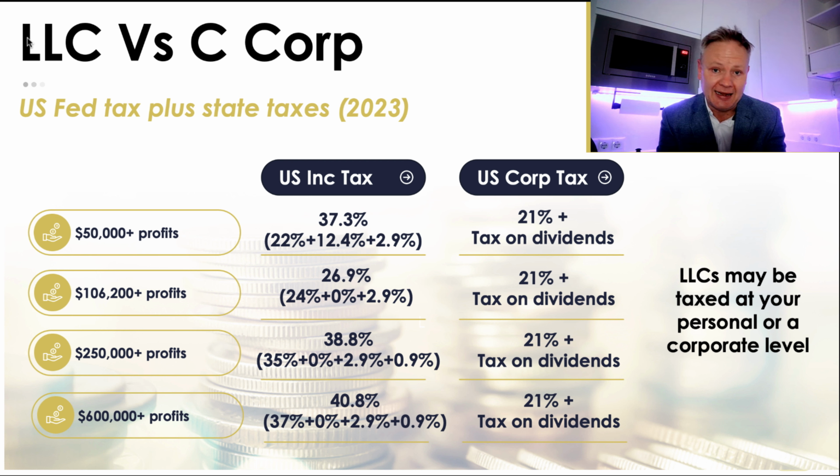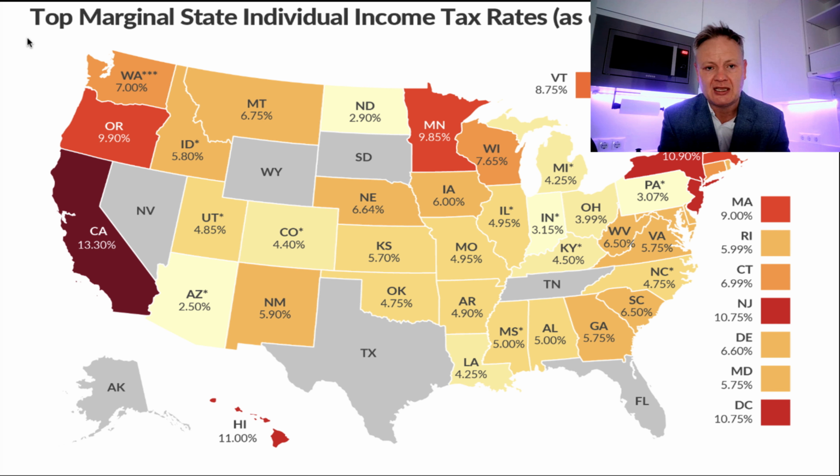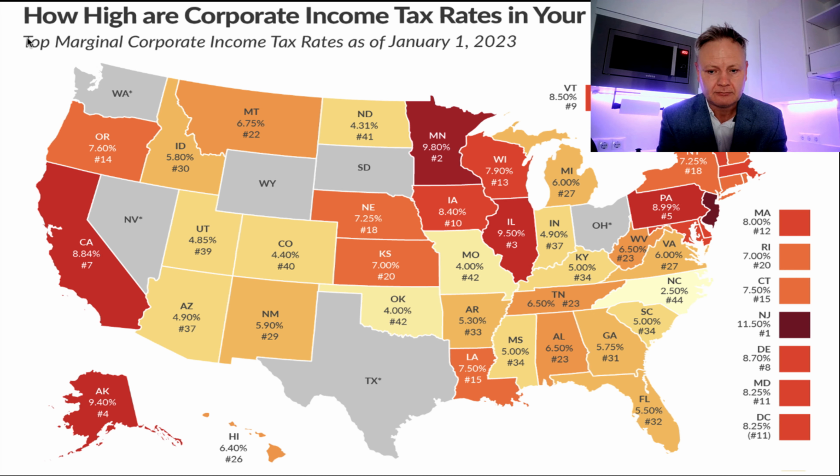Not only that, but if you are going to be taxed at an income tax level, then you have state income tax rates to apply as well. If you look at some of the states, New York is 10.9%, which is a high income tax level, versus Florida with 0% and Texas. So again, you might want to think about where you base your business.